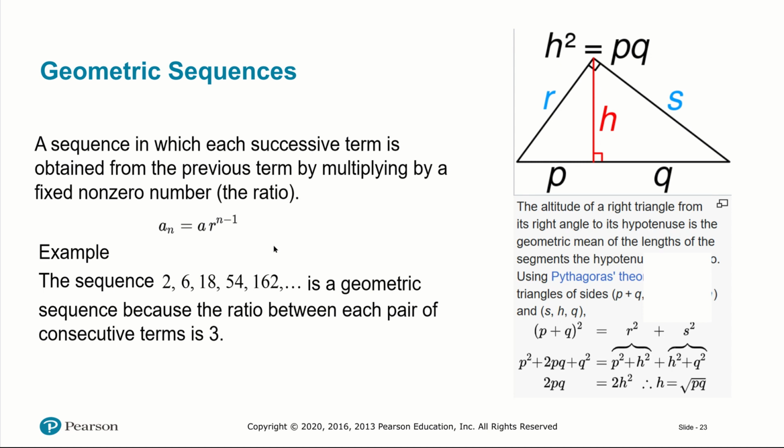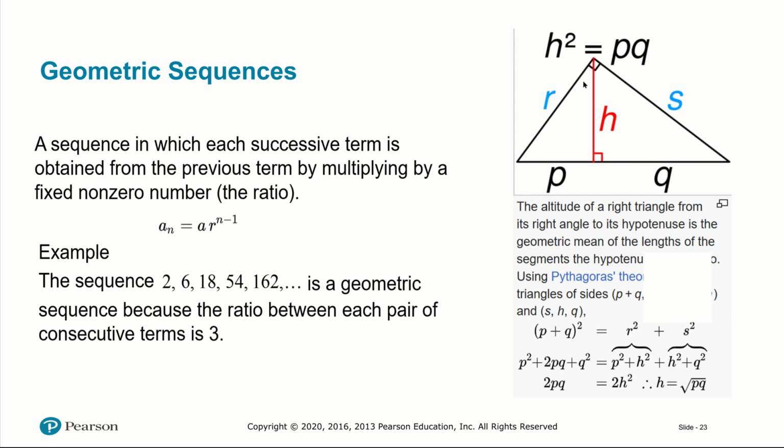Okay, so why is it called a geometric sequence? I mean, it looks pretty algebraic to me, doesn't it? So it's because of the history. You can see the geometric connection here, because if you take a right triangle and drop a perpendicular from the right angle to the hypotenuse, remember the largest side of a right triangle is the side opposite the right angle, and it's called the hypotenuse.